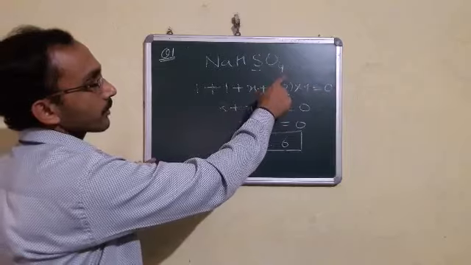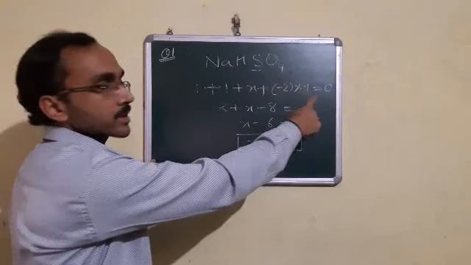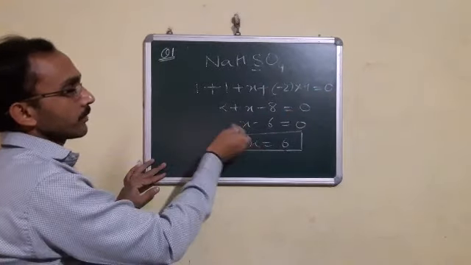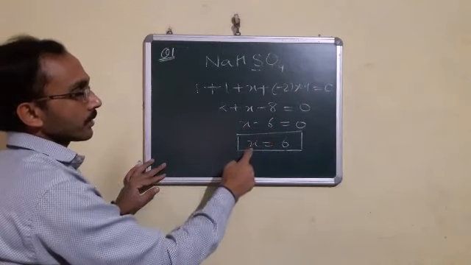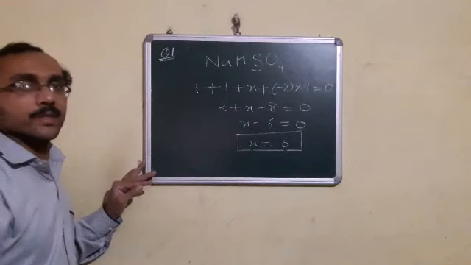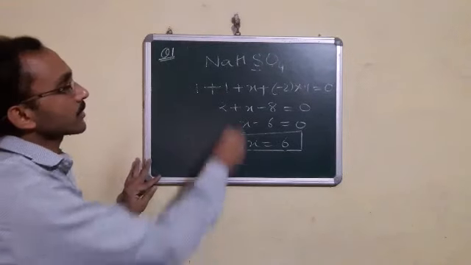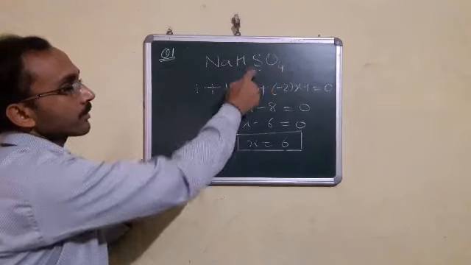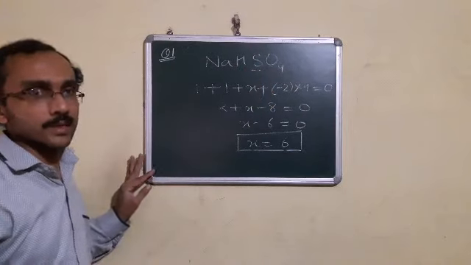So there are 4 atoms, so -2 multiplied by 4, is equal to 0. Now when we calculate it, we get the oxidation number of sulfur as +6. That means in NaHSO4, sulfur has an oxidation number of +6.